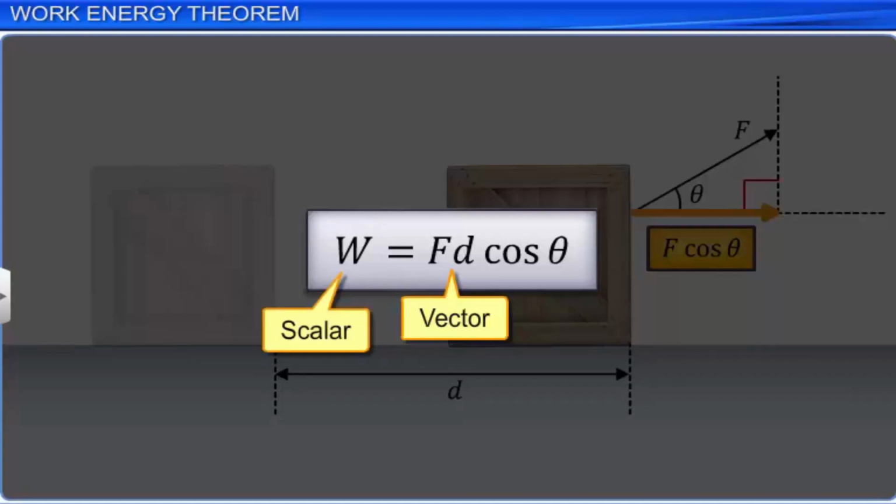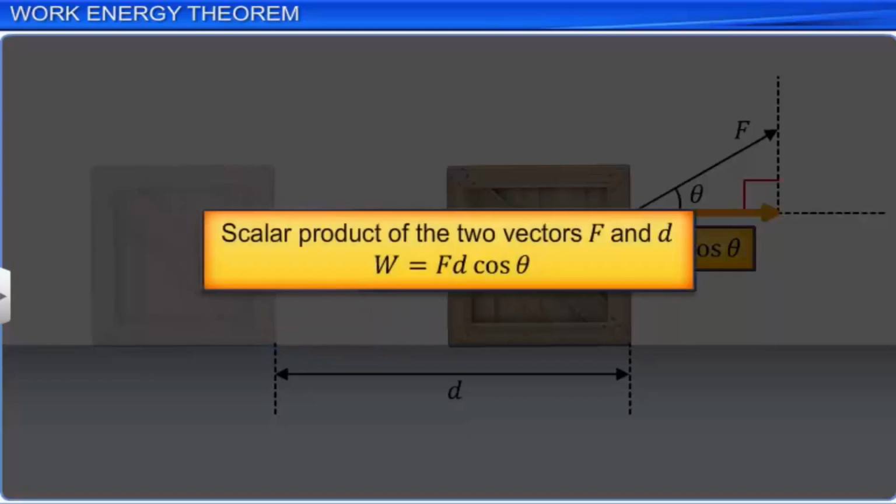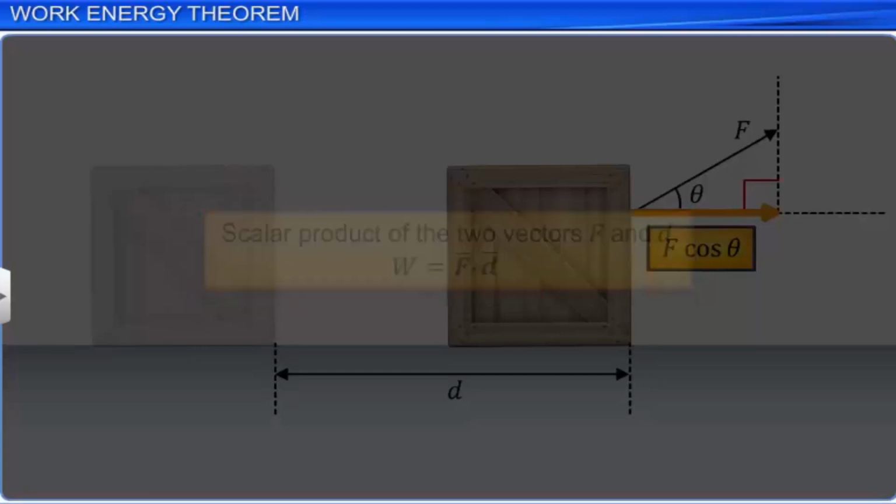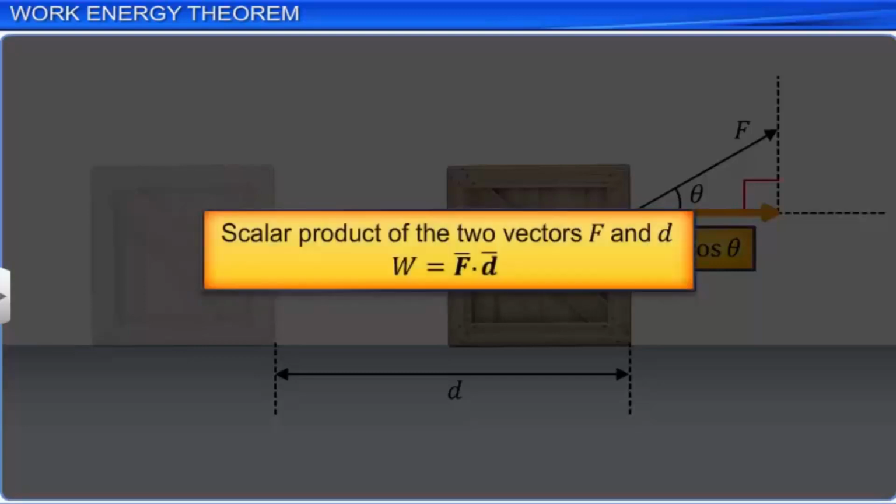Thus, this quantity Fd cos theta is called the scalar product of the two vectors F and d. In vector form, it is denoted by a dot in between the two as shown, and is read as F dot d. Hence, it is also referred to as the dot product.